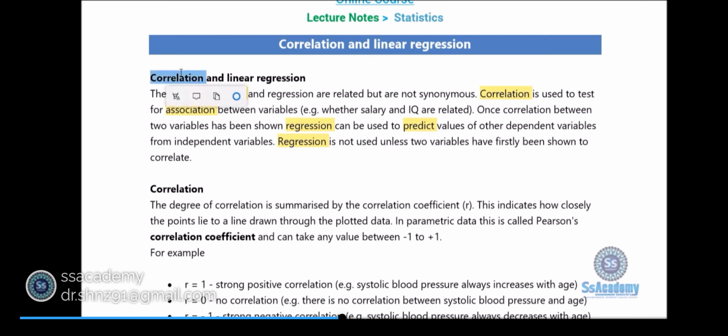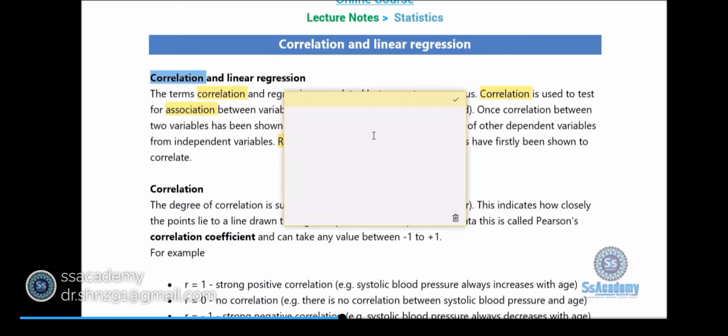So we can make a box here. Correlation equals association.